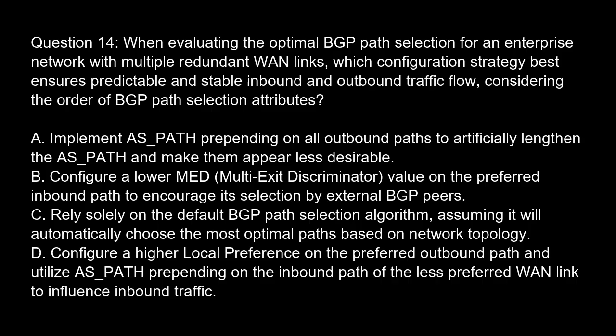Option B. Configure a lower MED, multi-exit discriminator, value on the preferred inbound path to encourage its selection by external BGP peers. Option C. Rely solely on the default BGP path selection algorithm, assuming it will automatically choose the most optimal paths based on network topology. Option D. Configure a higher local preference on the preferred outbound path, and utilize AS path prepending on the inbound path of the less preferred WAN link to influence inbound traffic.